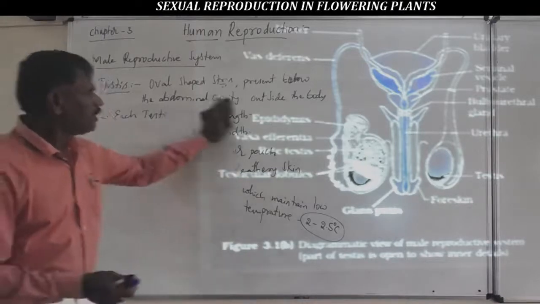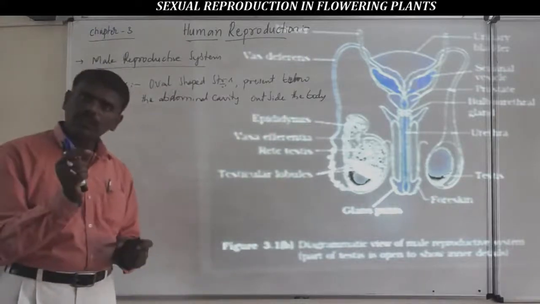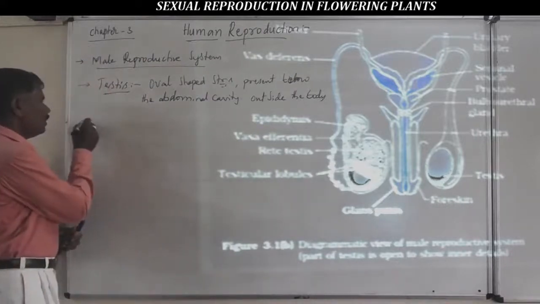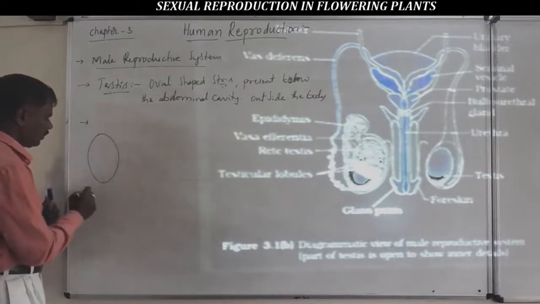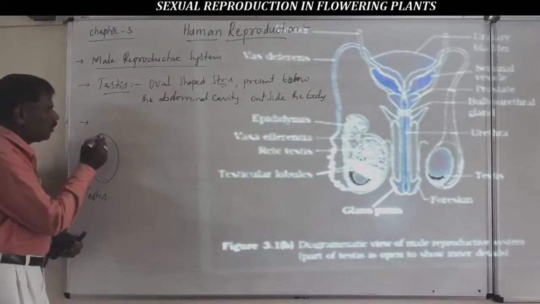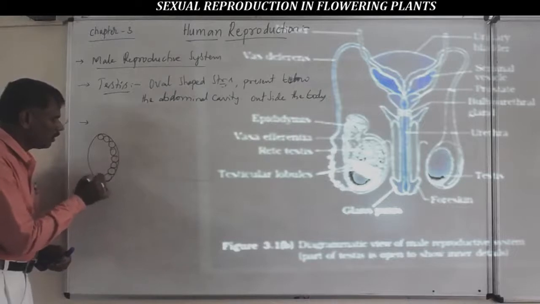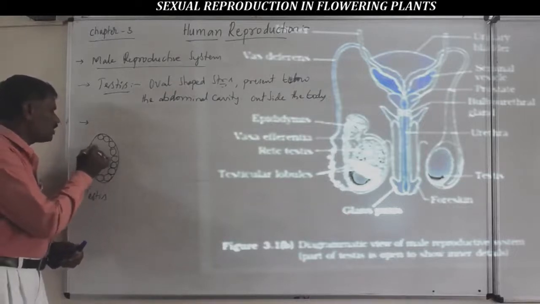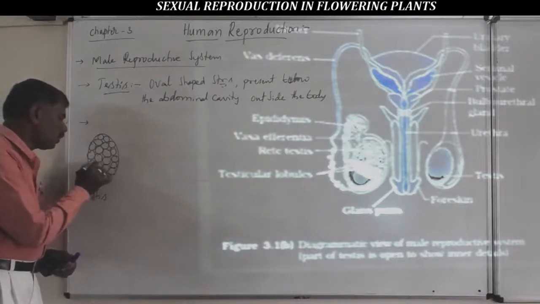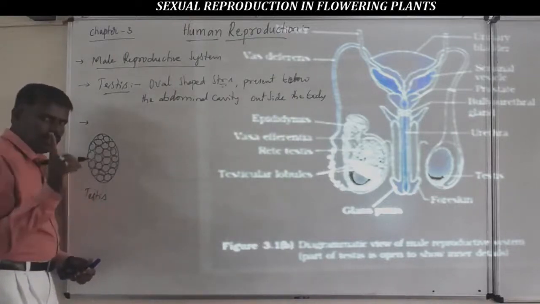Each testis measures 4 to 5 centimeter in length and 2 to 3 centimeter in width. Each testis is made up of a number of compartments present inside it.